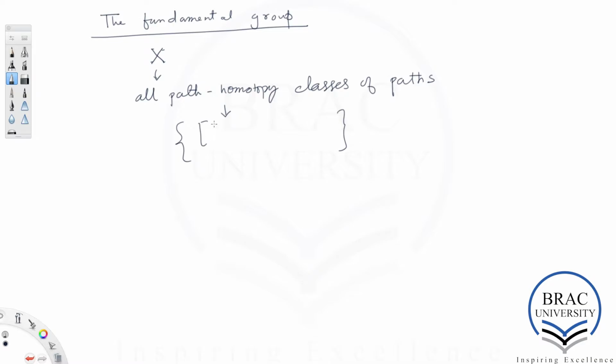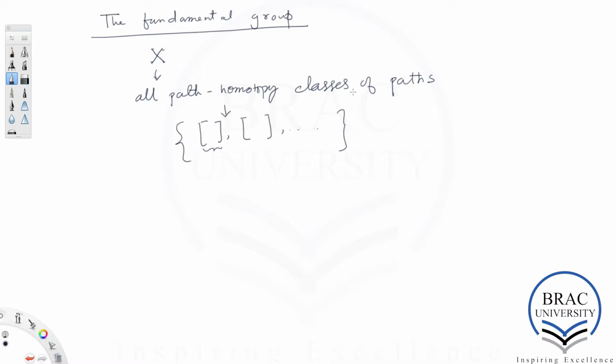Alright, so given a topological space X, we have seen that if we take all the path homotopy classes of paths, it is basically a set of equivalence classes, where each class represents a path homotopy class.